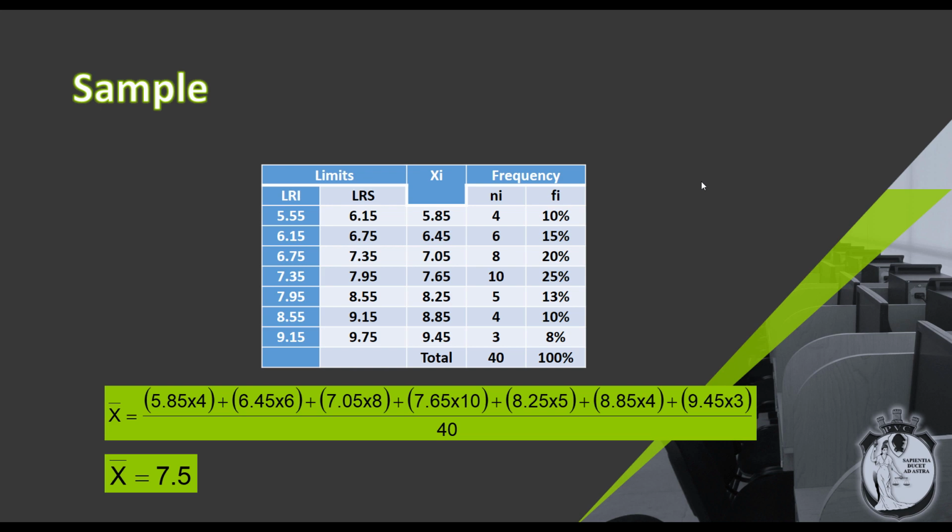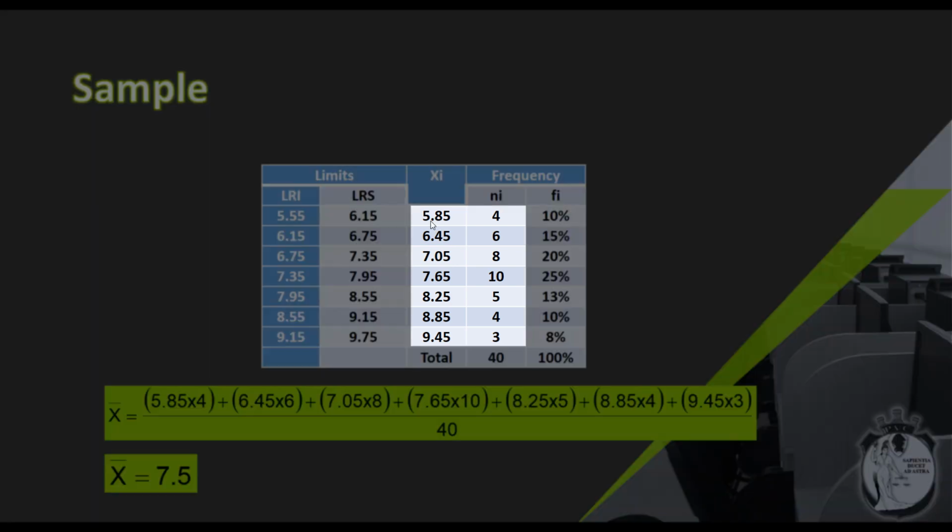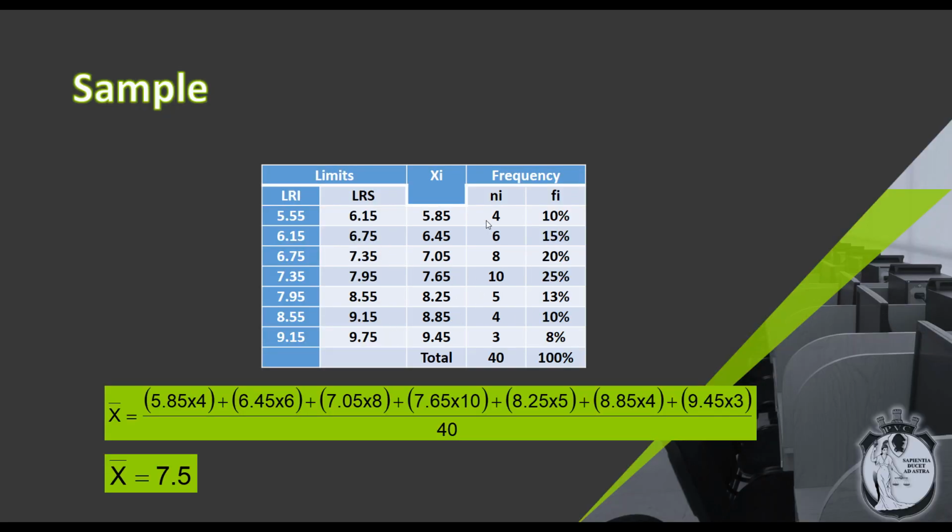For example, if we have that table and we want to calculate the mean, or the average, we multiply the class mark by the absolute frequency. When you finish, you add all the multiplications and divide by the total.